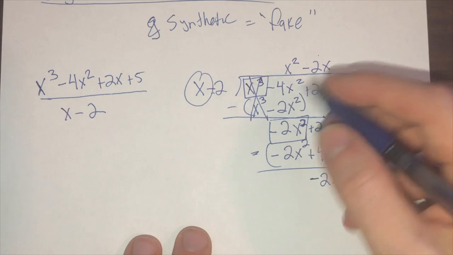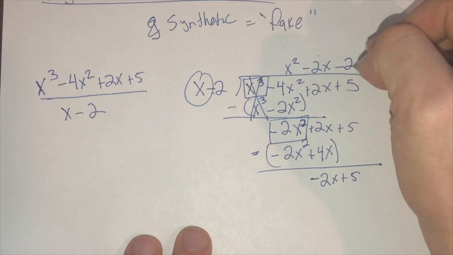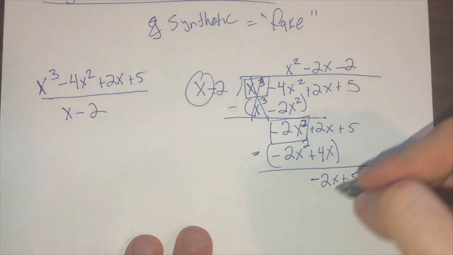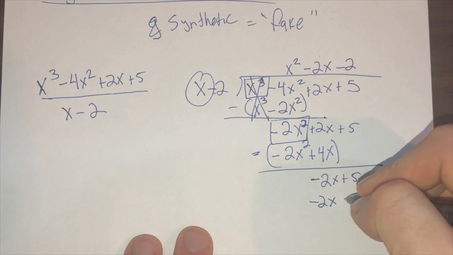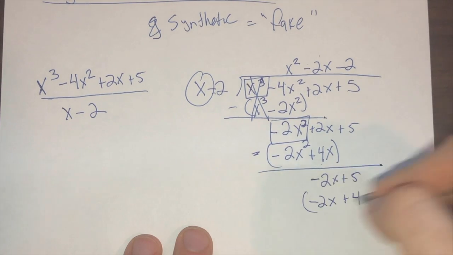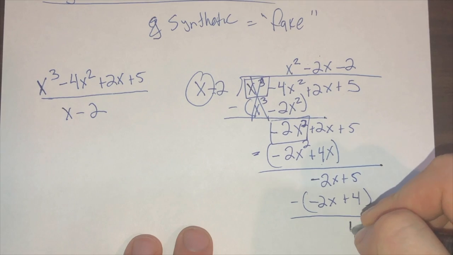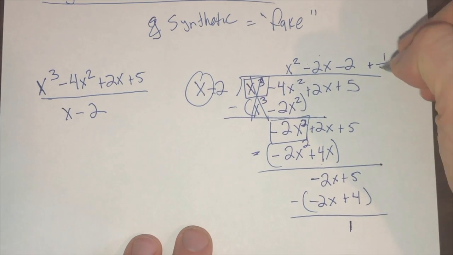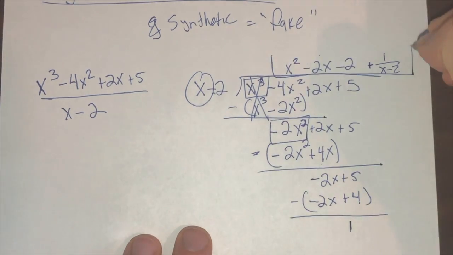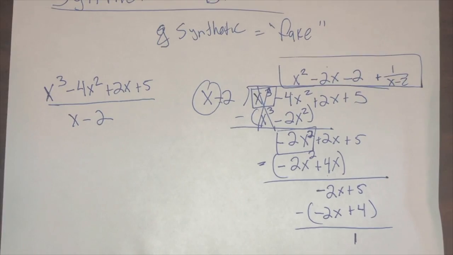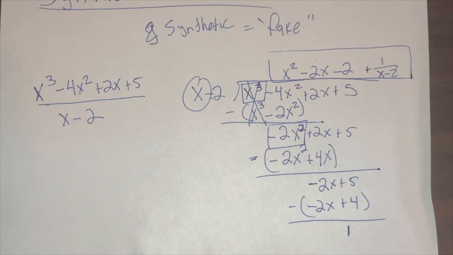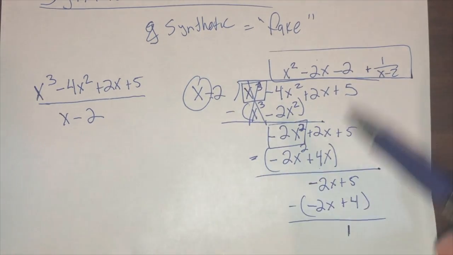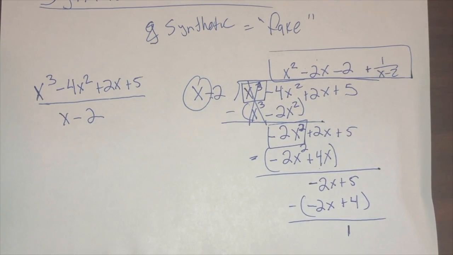So then finally, I do my last division and I get a remainder of 1. How we write it is just like this. So what did I do here? I went leading term divided by leading term, multiplied, subtracted, and went all the way down.